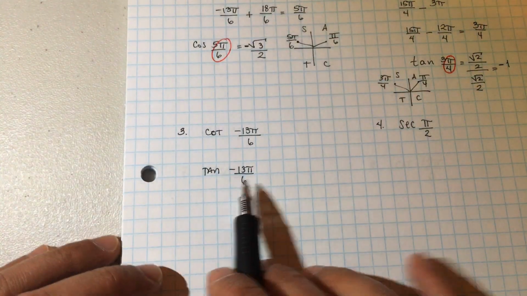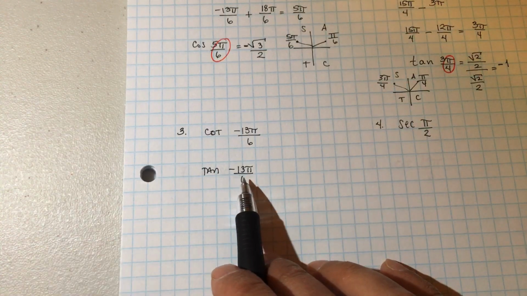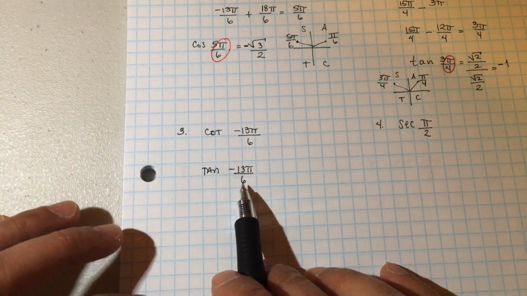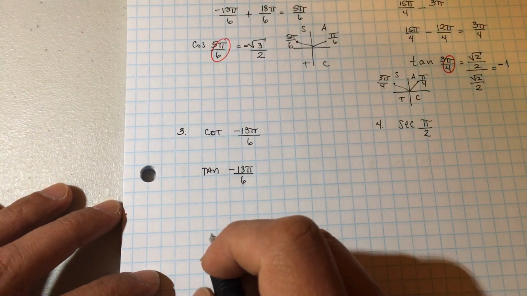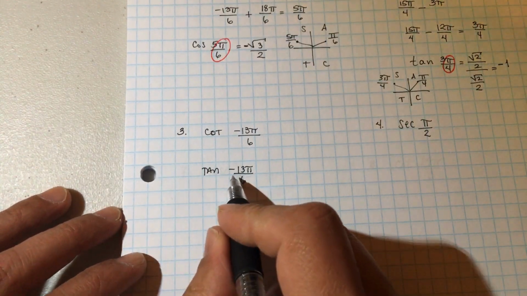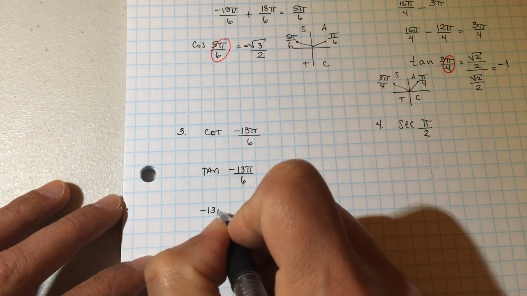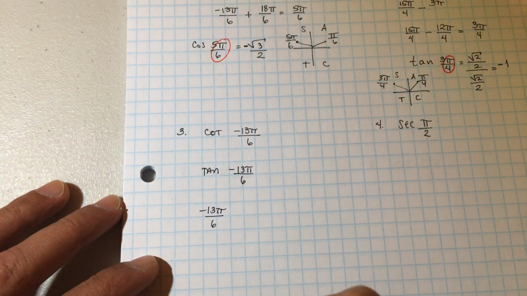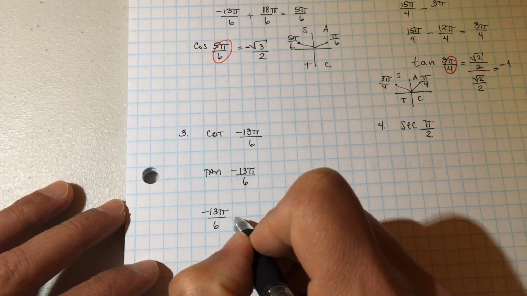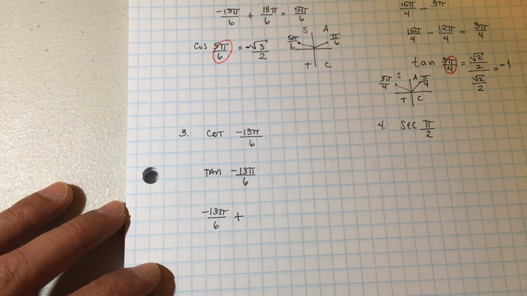So same thing. You see how it's a negative angle? We're going to add to bring it back. So how many times does 6 go into 13? You said 2, right? But we want to make it positive, so we're going to do 3. So -13 pi over 6. Okay. And then we're going to add because we want to make it positive.